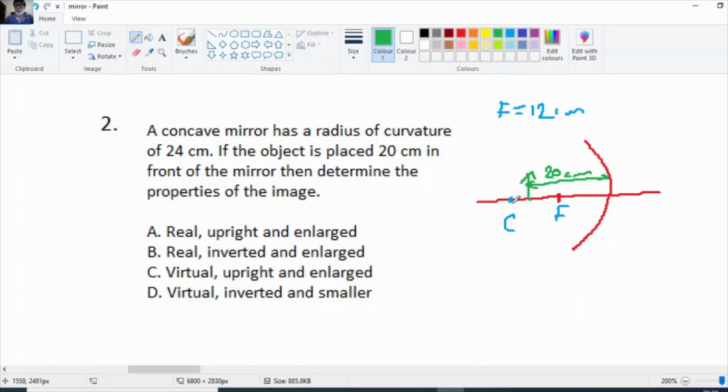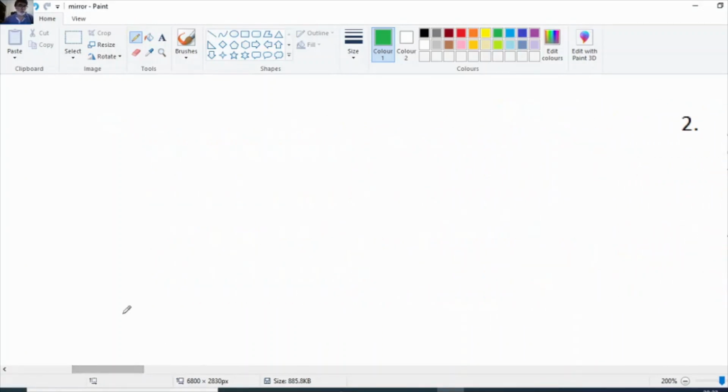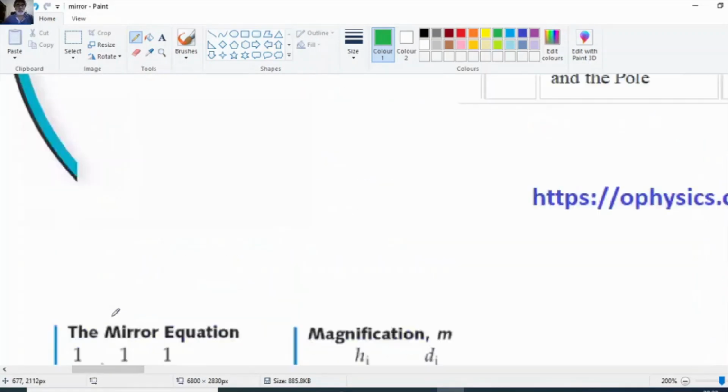When the object is between the center and the focal point, the image is going to be inverted. It's going to be created somewhere here, bigger than the object. It will be inverted and it will be behind the center. We can check it by looking at our previous drawings.